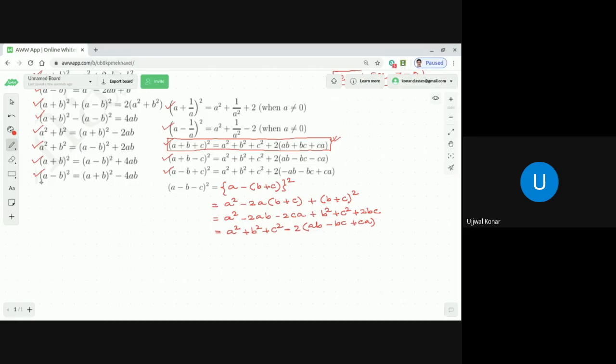Now in the same manner, what about the previous formulas I have done? (a plus b plus c) whole square, (a plus b minus c) whole square, all these things you can achieve in the same manner. Now the next set of formulas, please go through it.